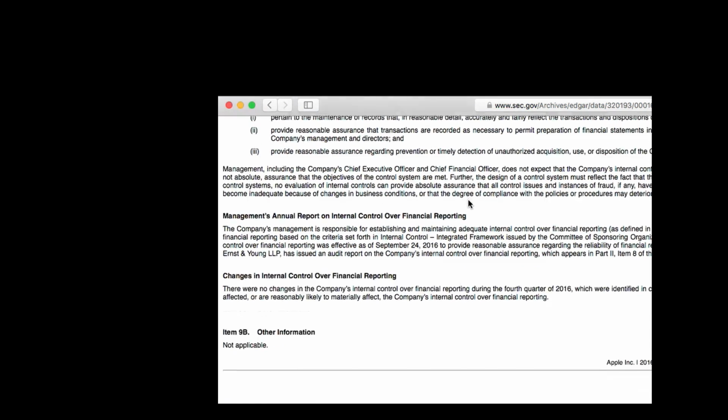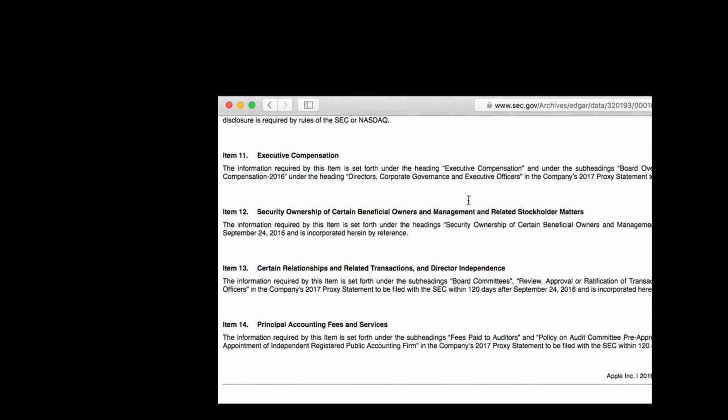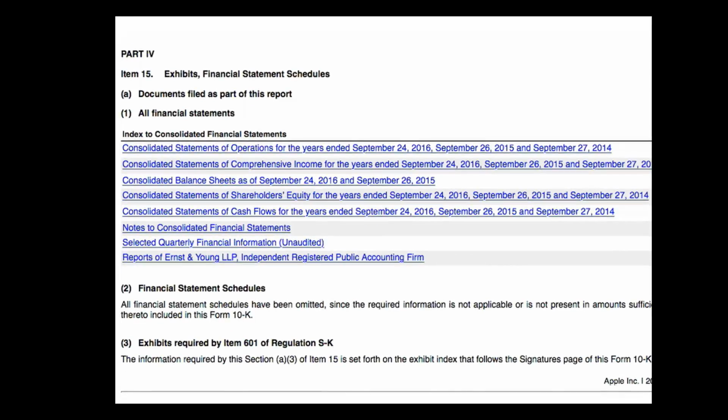So, good sign. And then once we've looked at all this information, then we like to know what do the auditors think of the company's financial statements, because the financial statements are the responsibility of management, not the responsibility of the auditor. The auditor just forms an opinion on whether they believe that they are not materially misstated.